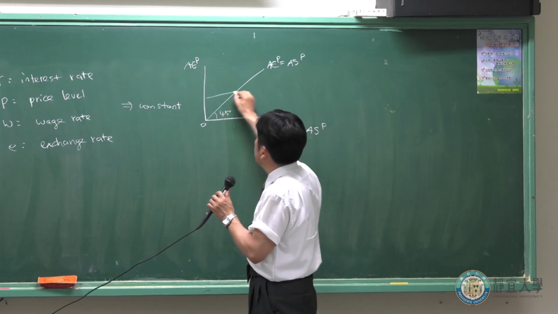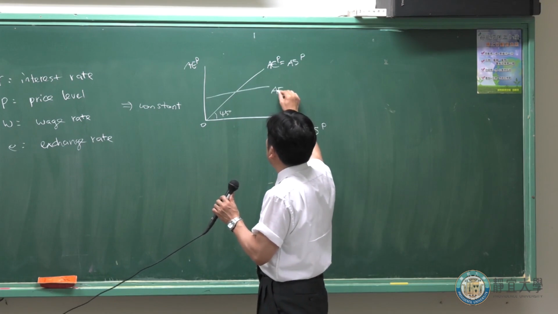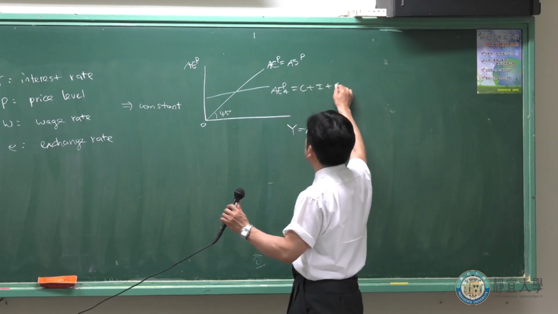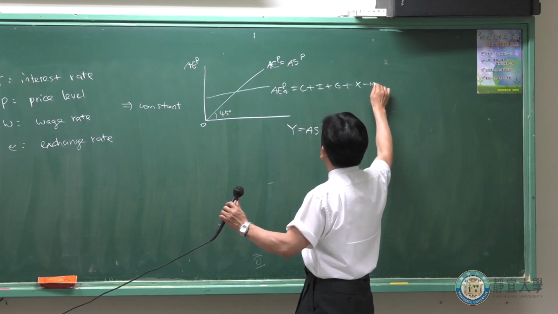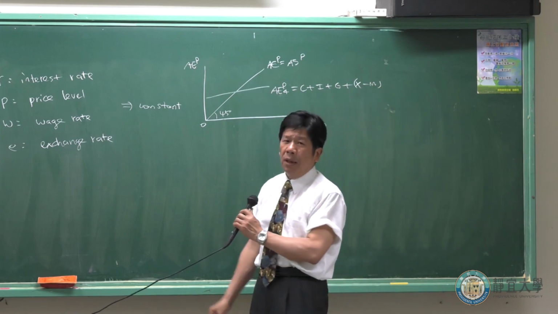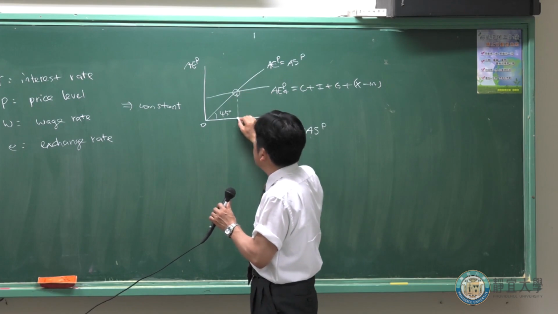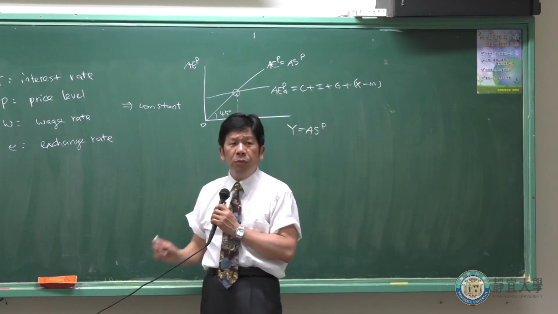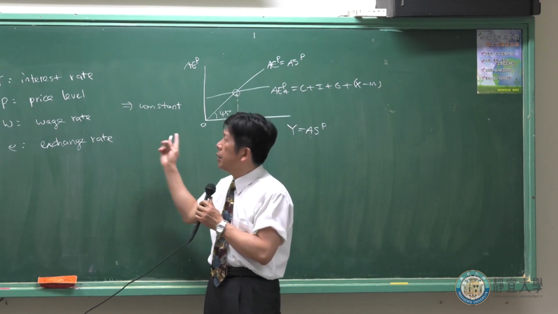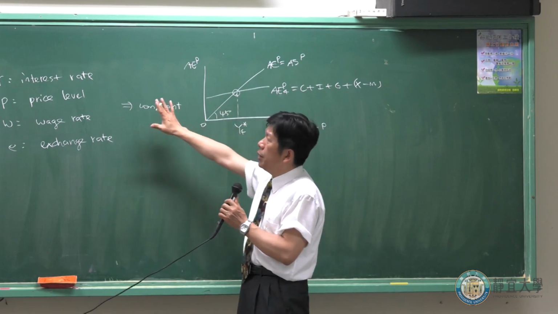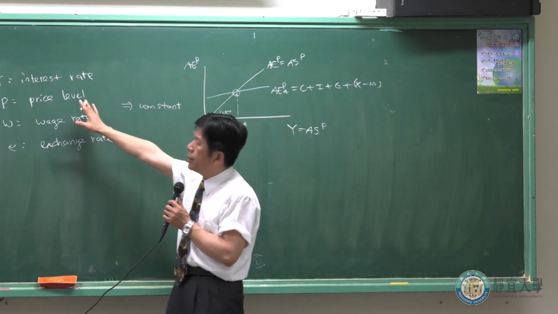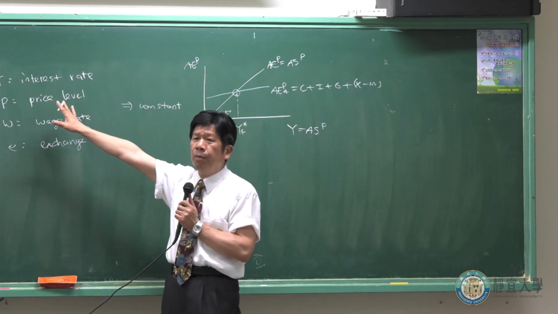Last time, AEP is equal to C plus I plus G plus X minus M, and then we can find this Y. This is what we taught before. Here, actually, this is a simple model. We make the assumption that the price level is constant.